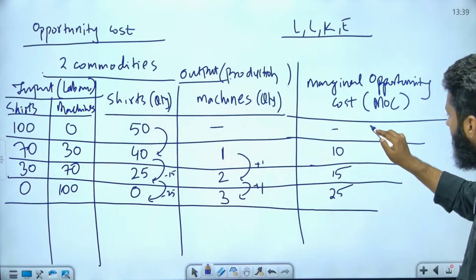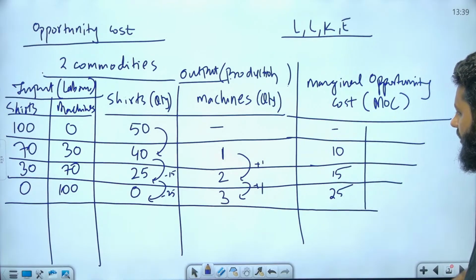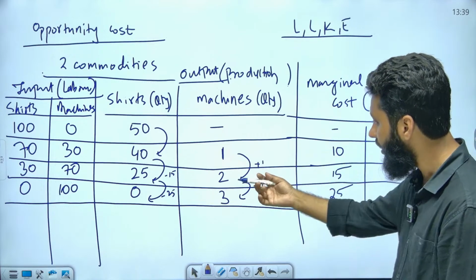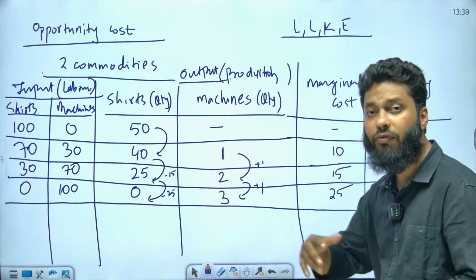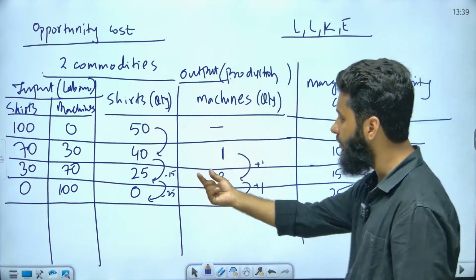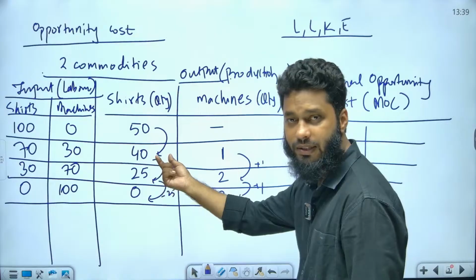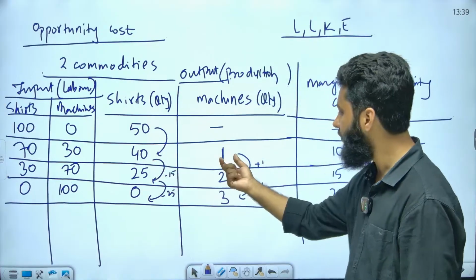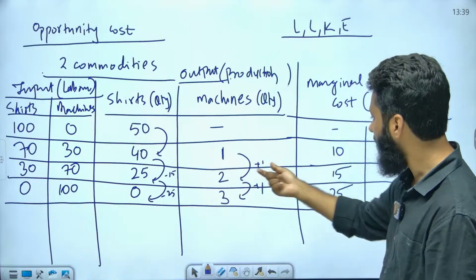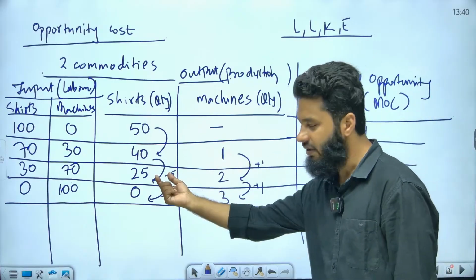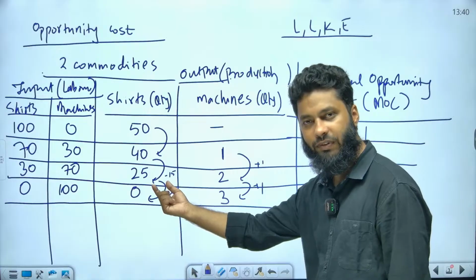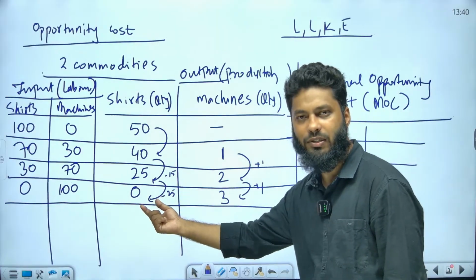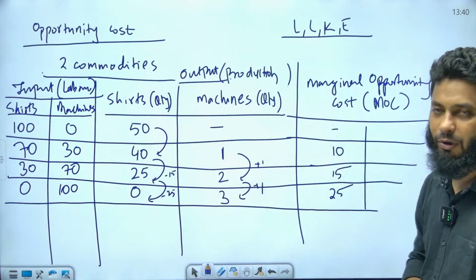Marginal opportunity cost represents how many units of one commodity you sacrifice for producing one extra unit of another commodity. You sacrifice 10 shirts for one machine, then 15 shirts for one extra machine, and then 25 shirts for one extra machine. So this is marginal opportunity cost.